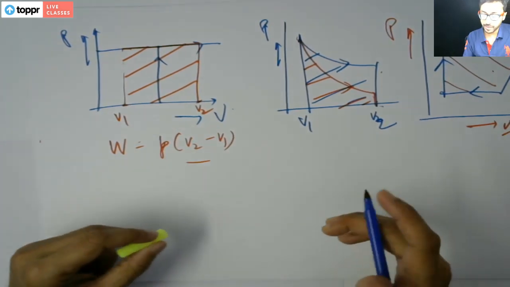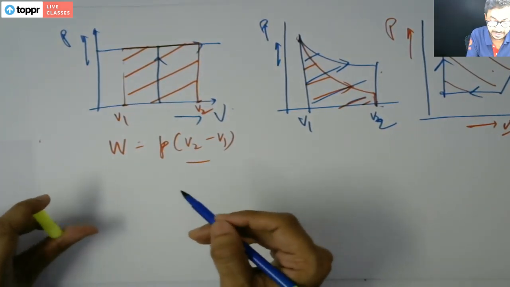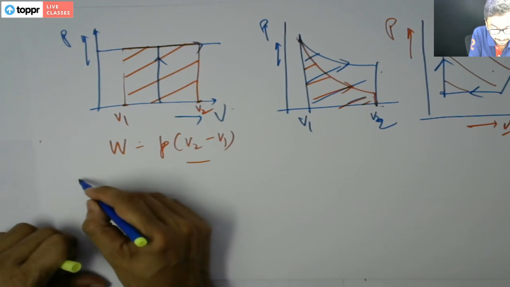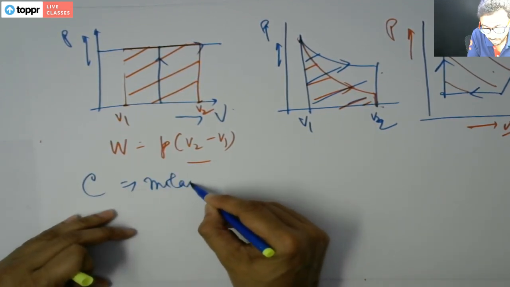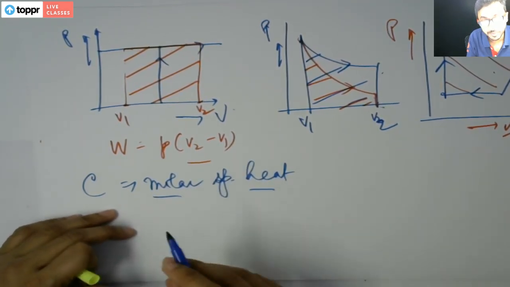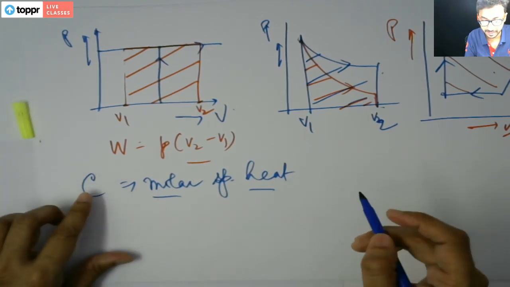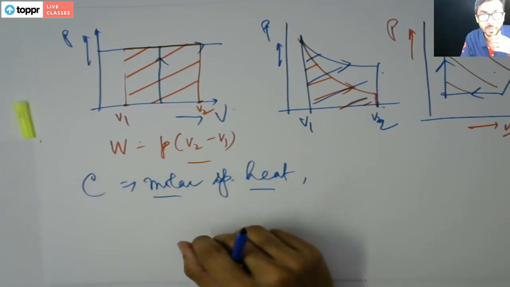Now let us try to get into the meaning of CV and CP. By the letter C we mean molar specific heat, right? Molar specific heat means what?